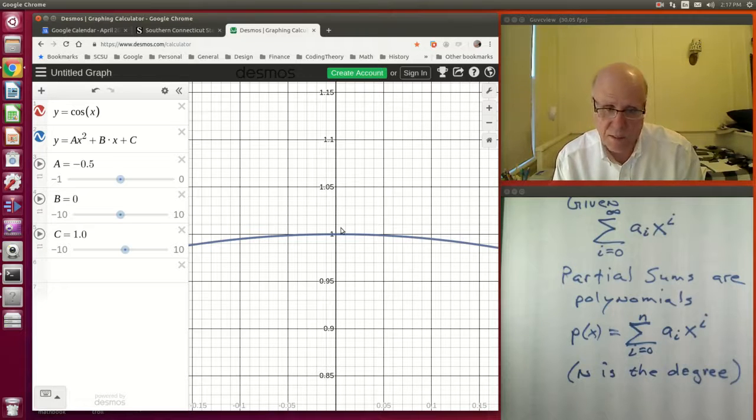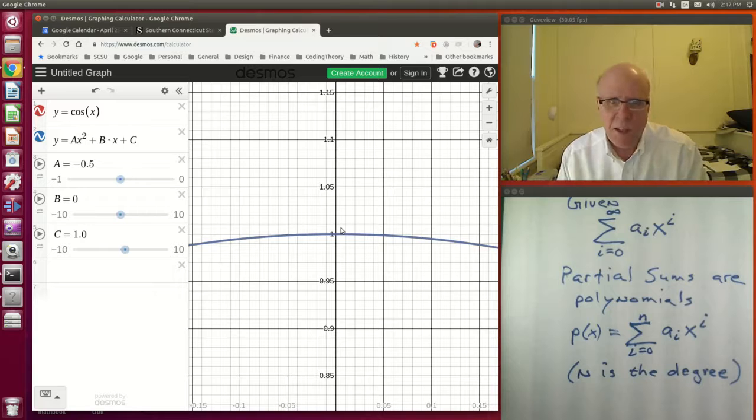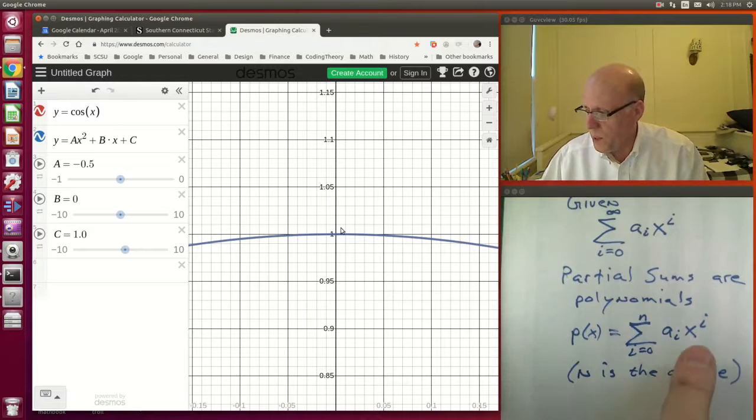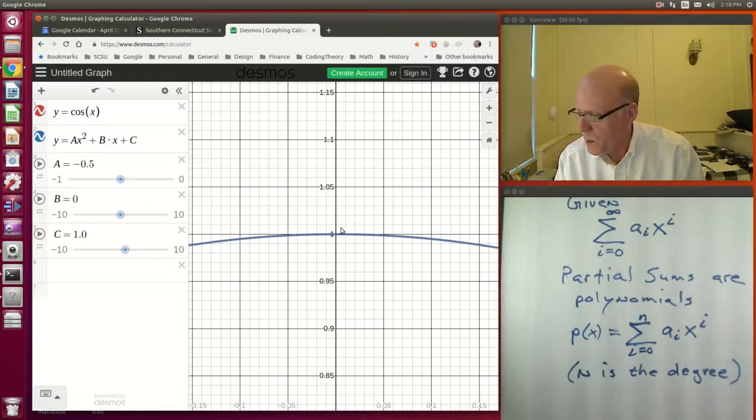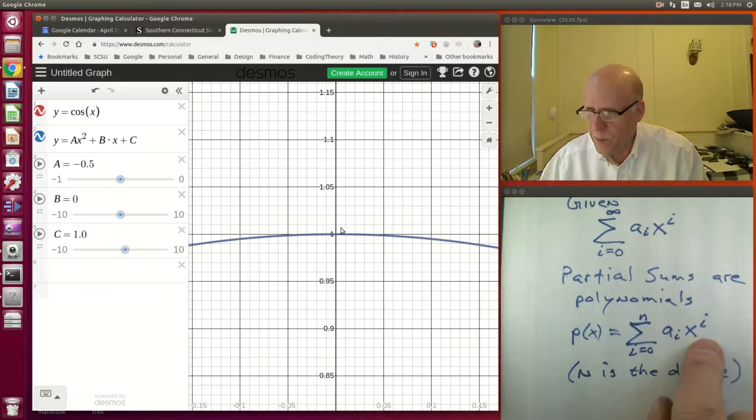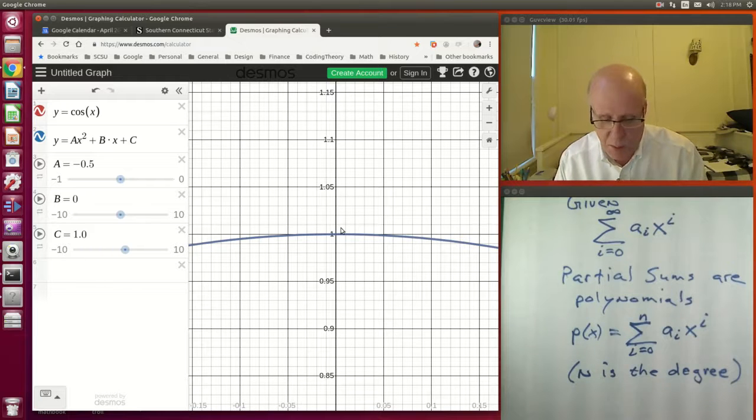Often the partial sums hold most of the answer, and the tail of the series is something that's inconsequential in practice, especially when x is small. Its powers end up being very small, and so the later terms in a power series can often be seen to go to 0.